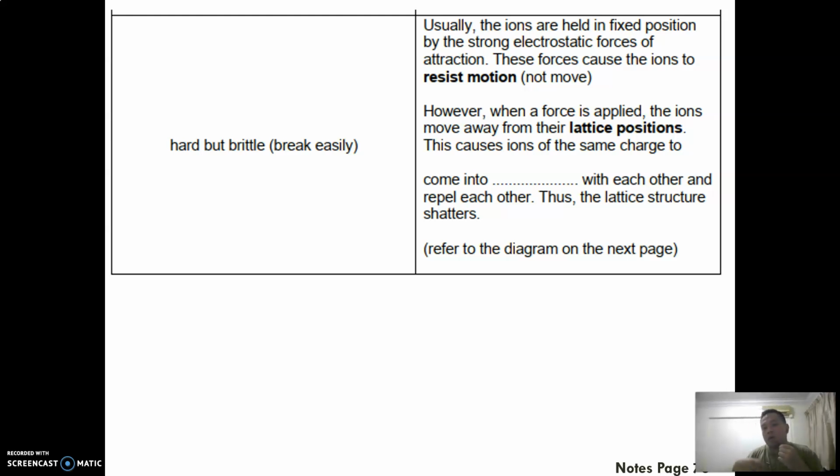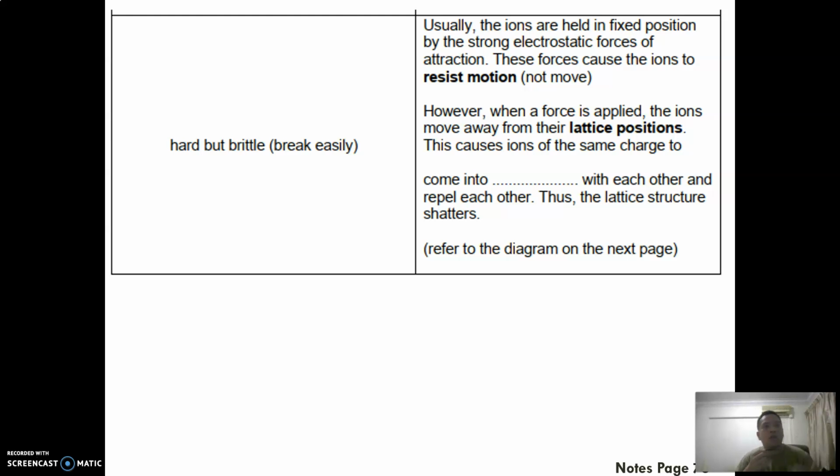Ionic compound crystals are actually hard. They're not easy to scratch because usually the ions are held in fixed positions by the electrostatic forces of attraction. Therefore, it is very difficult to overcome these forces to move the ions. So we will say that the electrostatic forces will cause the ions to resist motion. They cannot move.